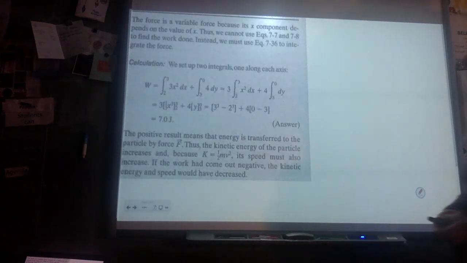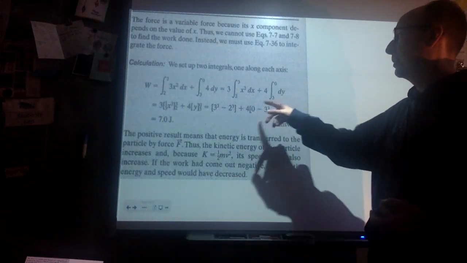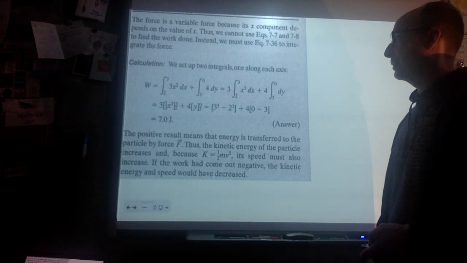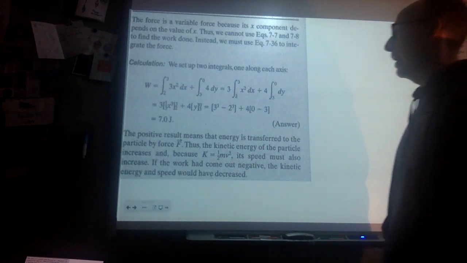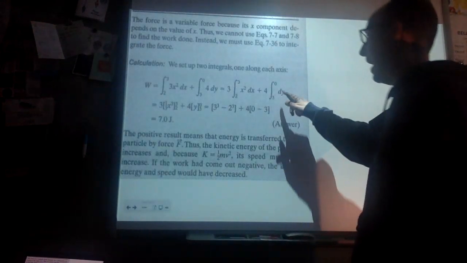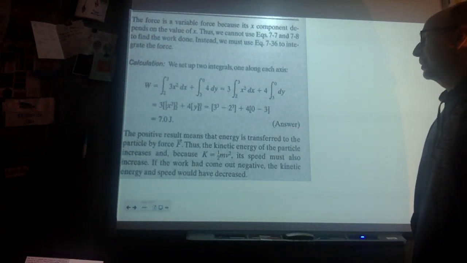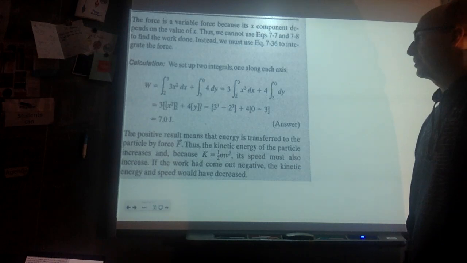And you can see on your paper, they're telling us what our values would be. And when I add the two of them together, I'm going to end up getting 7 joules.